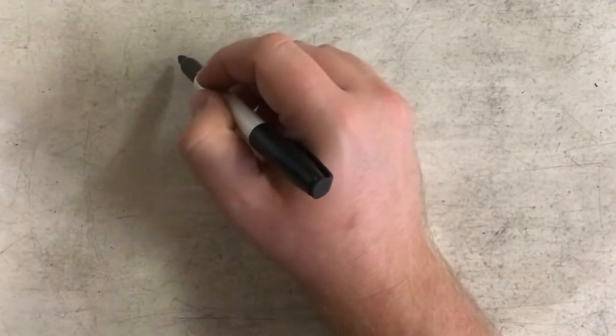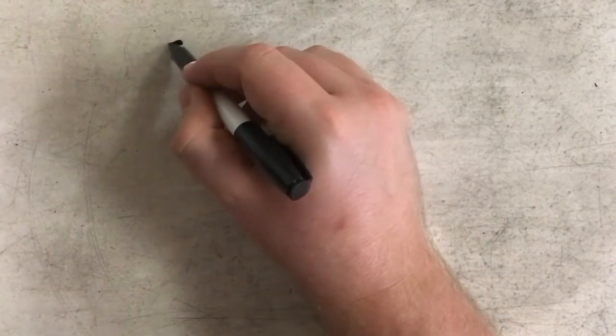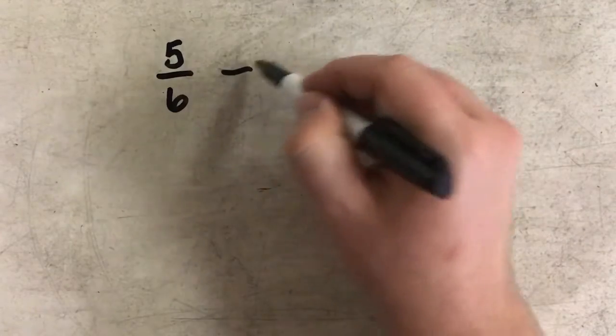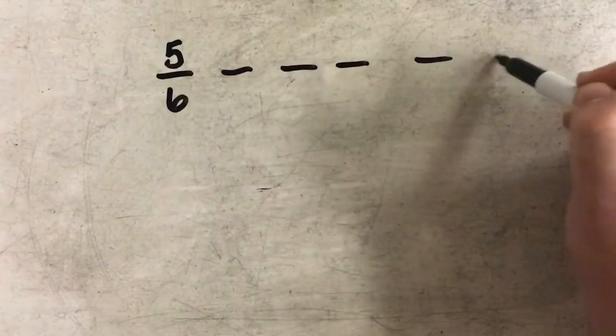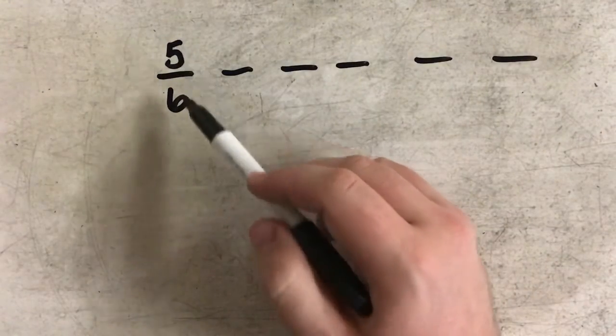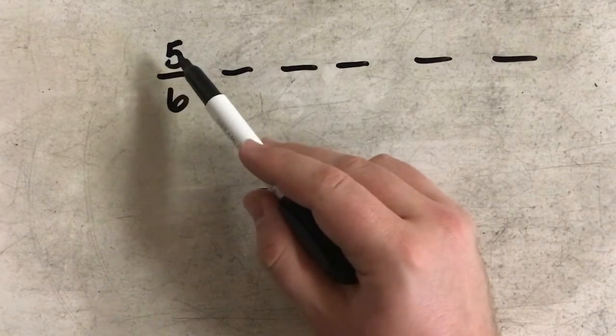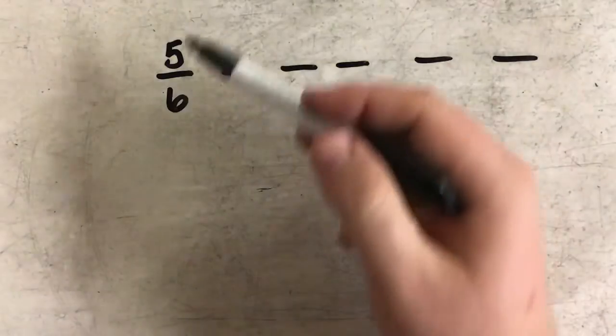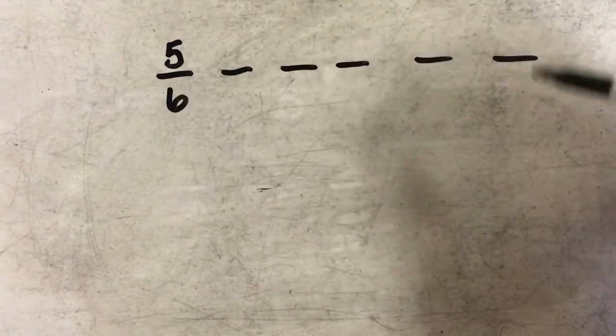Let's look at one more neat trick for if I had to come up with several equivalent fractions for, let's say, a fraction like 5/6. If I wanted to write several equivalent fractions, all I could do is list the multiples of 5 and list the multiples of 6 in order, and I would end up with equivalent fractions on each.